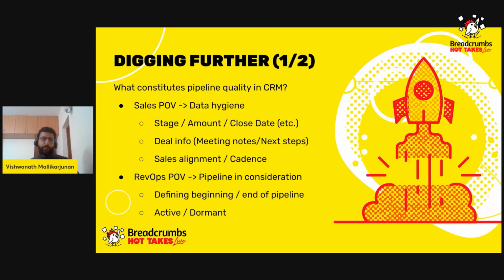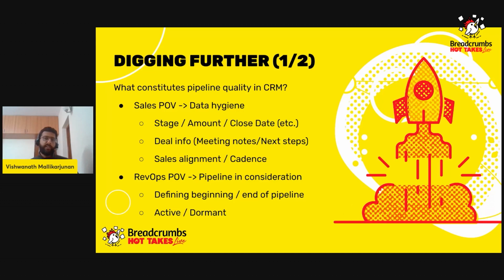Now, the RevOps point of view is about the pipeline in consideration for something like forecasting. So where we define the start and the end of the pipeline is a very important factor. For example, while sales might start off with prospecting, at the discovery stage we typically experience that the amount of an opportunity might be $100,000. A stage or two down the line, it ends up as something like $30,000.